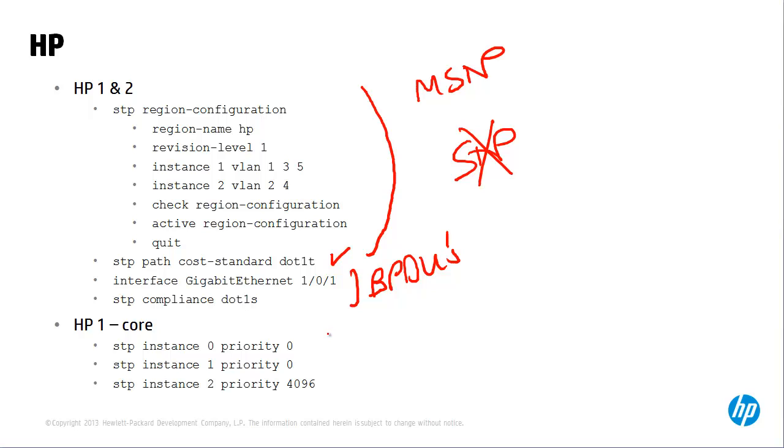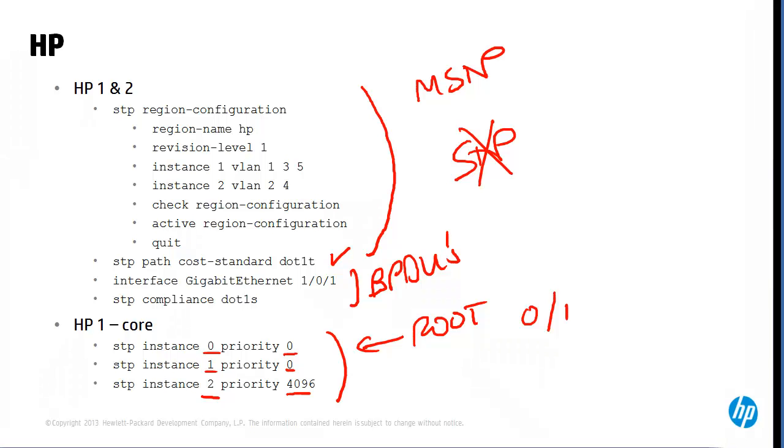The priorities of the instances on the core HP switch are also changed. So the core HP switch will be the root for instance 0 and 1. Notice the priorities are set to 0, but the priority for instance 2 is set to 4096, so it will be the backup root for instance 2.